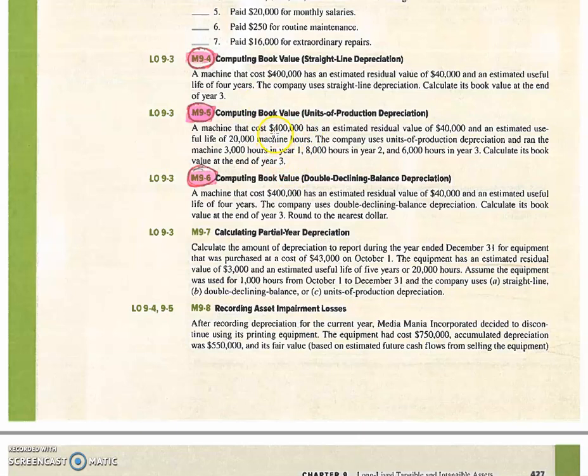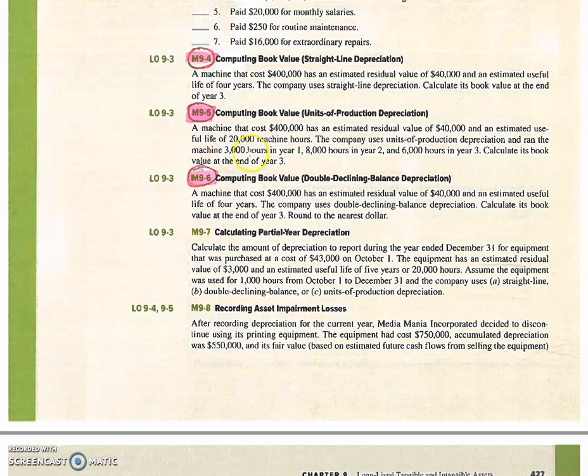So again, we have depreciable cost of $360,000. We can divide that by 20,000 machine hours of useful life. That would give us $18 an hour of depreciation per machine hour. Multiply that times the number of hours it was used.